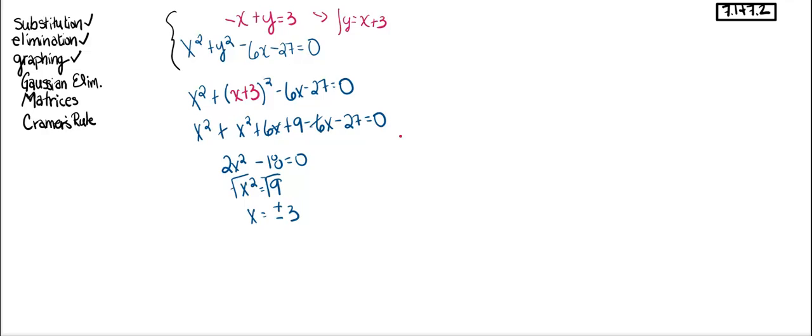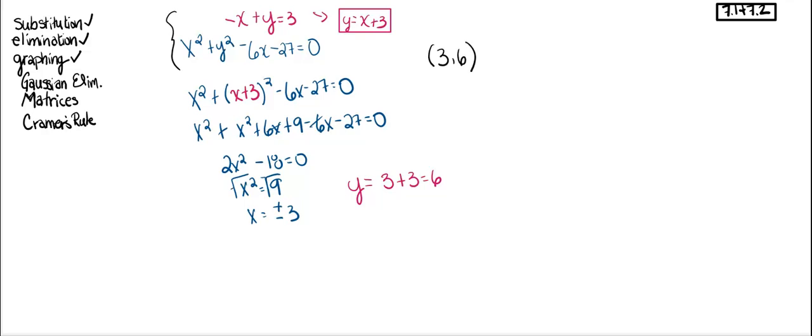Since I've already solved for y up here, it's easy for me just to substitute it back into the pink equation. So the first one, y equals, and then instead of x, I'm going to put 3 plus 3, and that gives me 6. So I have one ordered pair, the answer 3, 6.